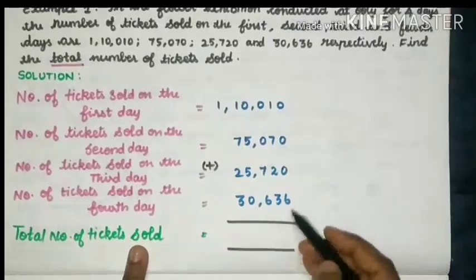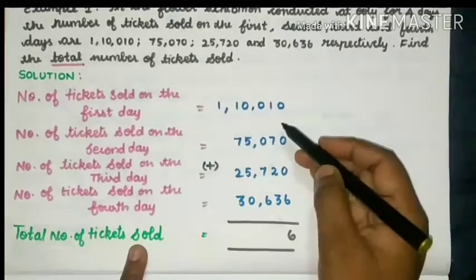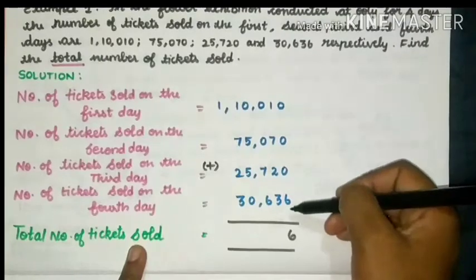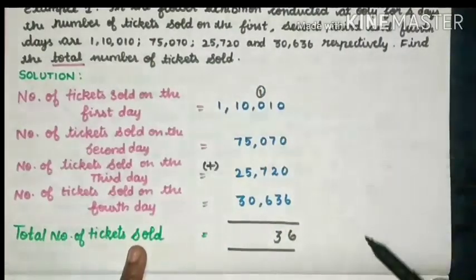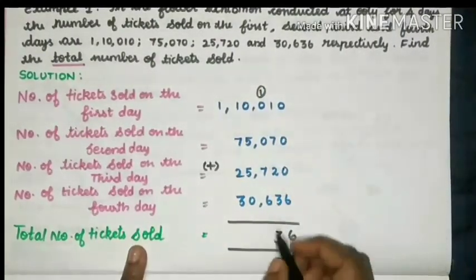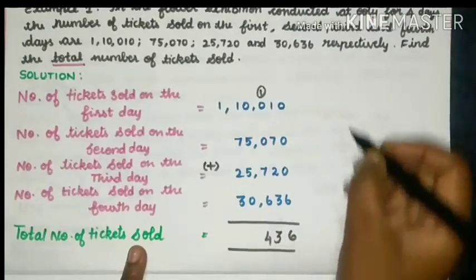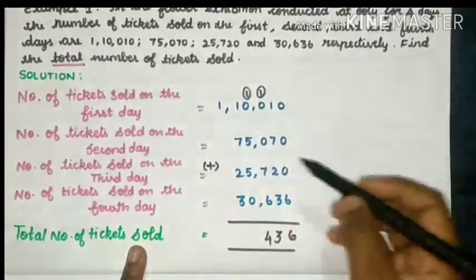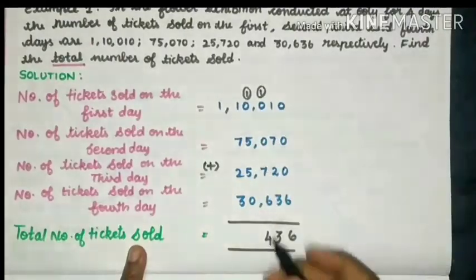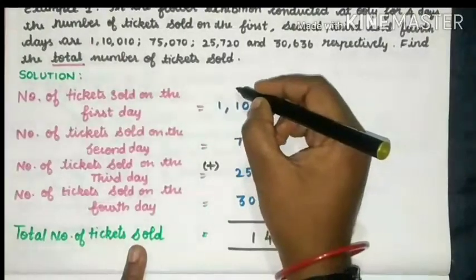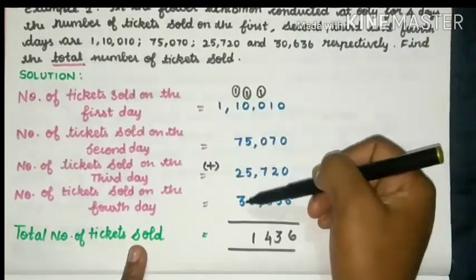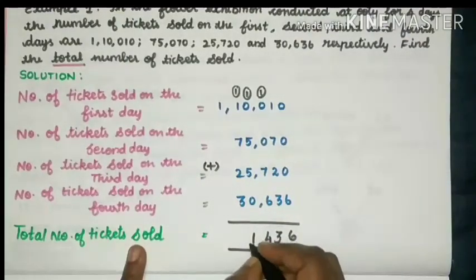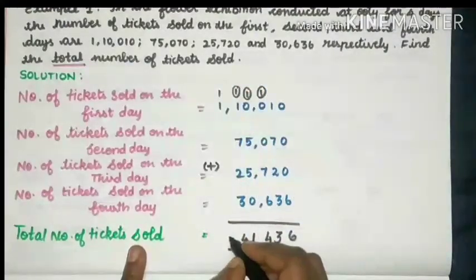0 plus 0 plus 0 plus 6 equal to 6. 1 plus 7 plus 2 plus 3 equal to 13. 1 is carryover. 1 plus 7 plus 6 equal to 14. 1 is carryover. 1 plus 5 plus 5 plus 0 equal to 11. 1 is carryover. 1 plus 1 plus 7 plus 2 plus 3 equal to 14. 1 plus 1 is 2.